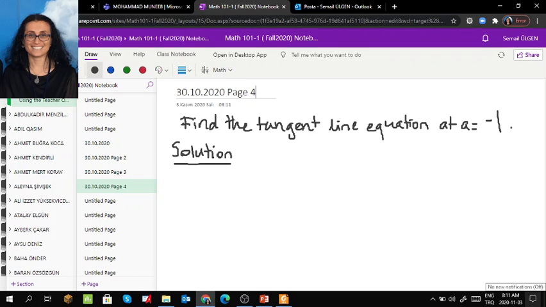We are interested in the tangent line equation at a is equal to negative 1, and our function is 1 over x, the butterfly graph. Whenever x is equal to negative 1, the y value is negative 1 as well.